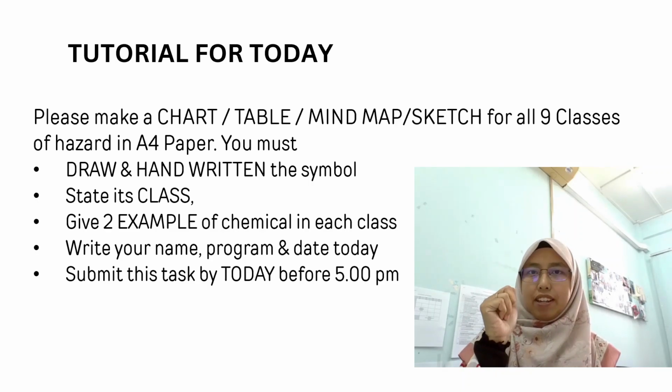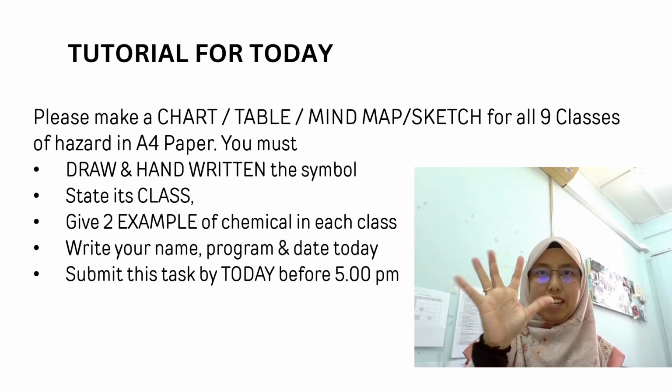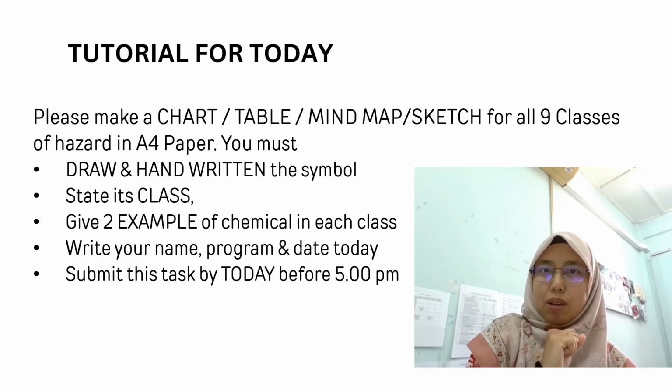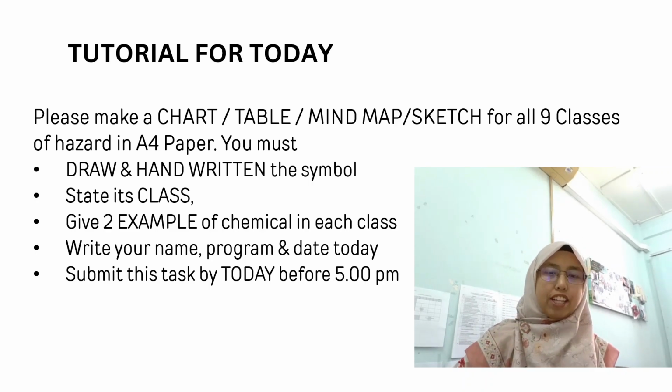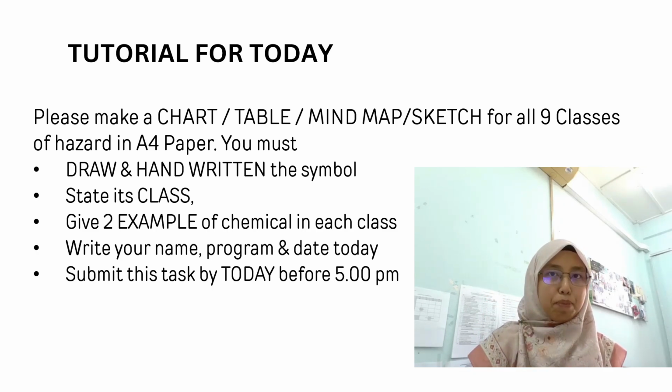Then write your name, program and date for today, and submit this task by today before 9 p.m. How do you submit? After you have drawn and sketched on your A4 paper, either you scan it or you take a picture, then you just submit.